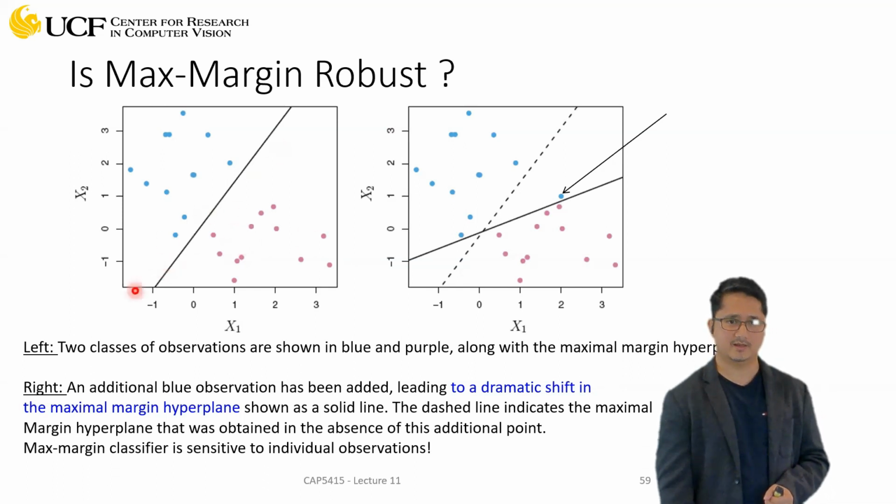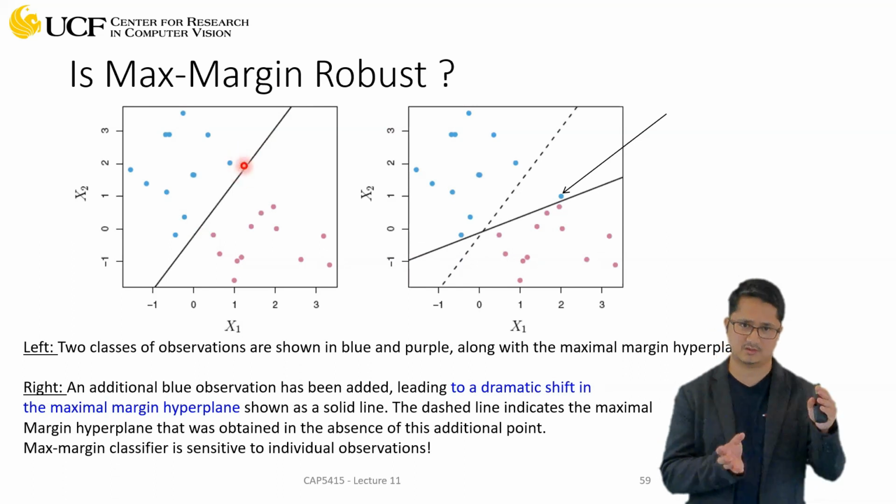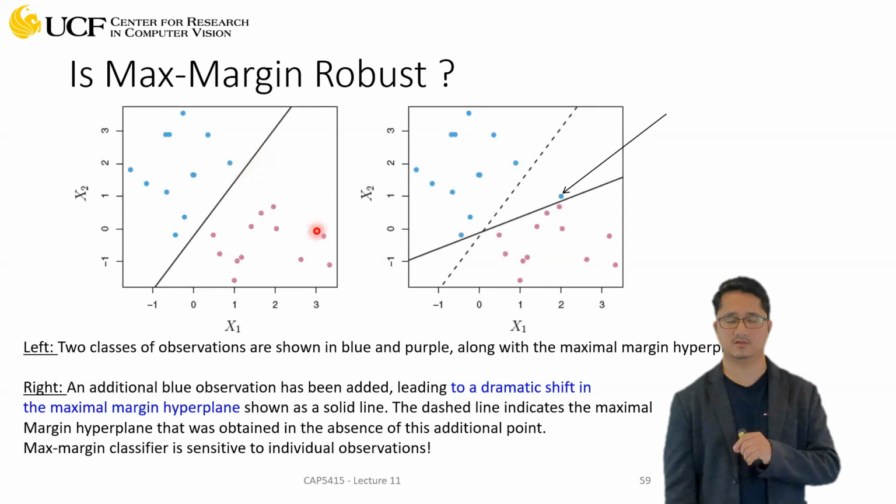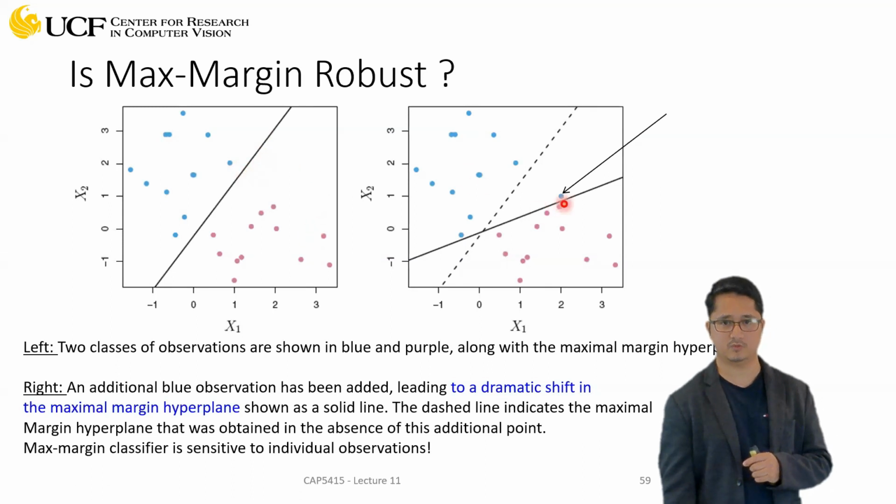Now, let's say after optimization, you found this as your hyperplane, and you can see that it's maximizing the margin, right? The distance from this purple point and this blue point is the maximum. But now let's say you have another testing sample at this point.